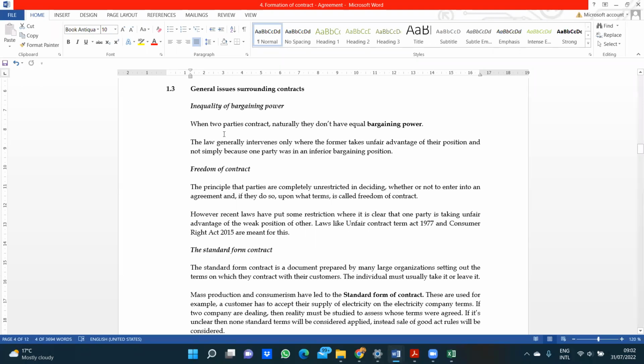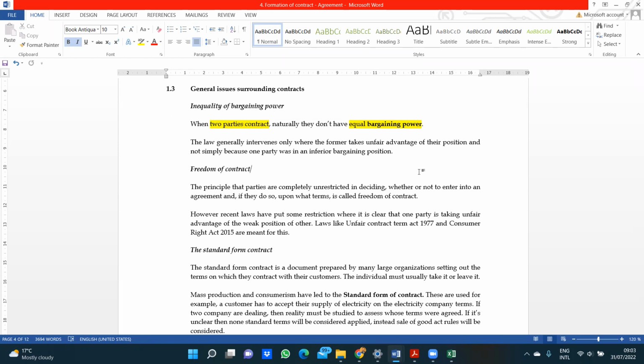When two parties contract, naturally they don't have equal bargaining power. This is something which already exists. Some have superior power and the other has inferior power.